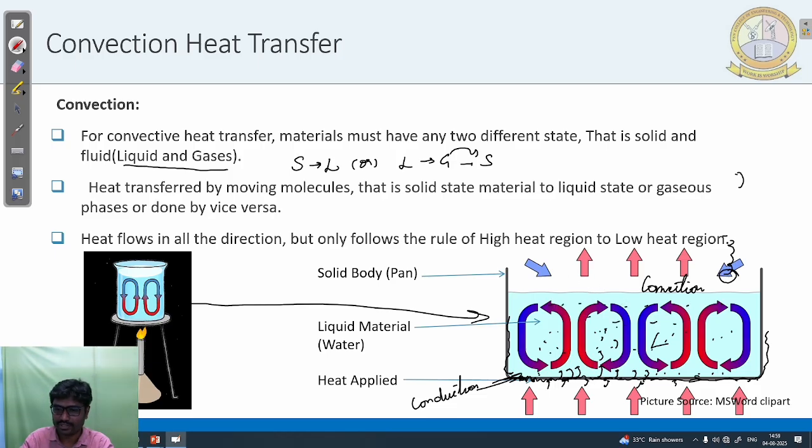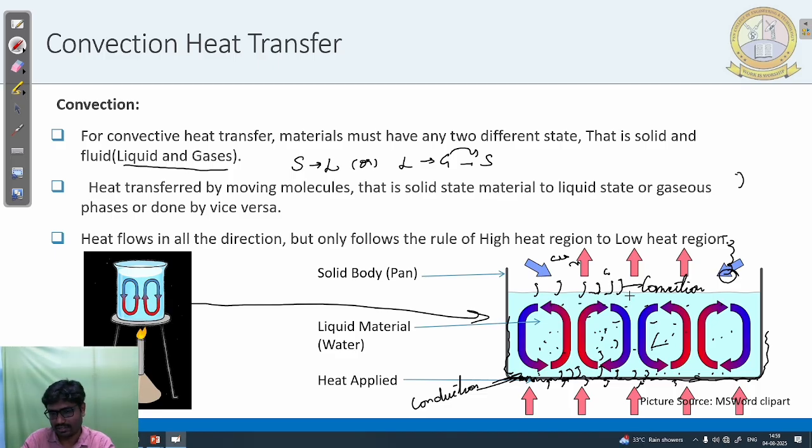After that, we can see this layer from liquid to gas, because air molecules will be present, so cold air will be there, and this air will be attracted towards this heat, and the heat will be transferred from higher temperature to lower temperature, as we know. This heat will be transferred to the air towards the nearby section, and it creates the next convection, again from liquid to gas or air.